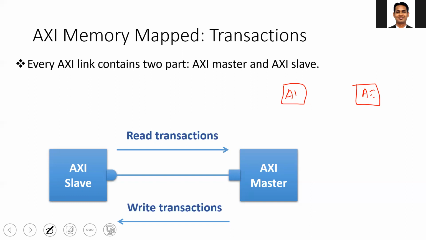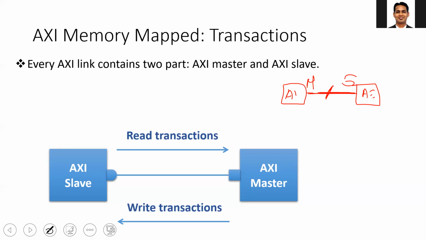If you want to send data from A1 to A2 or from A2 to A1, you can make use of the AXI protocol. This is the AXI link between A1 and A2. It is a multi-bit link. On the AXI link, only one unit can be master and the other unit becomes a slave. For example, right now we can assume that A1 is master and A2 is slave.